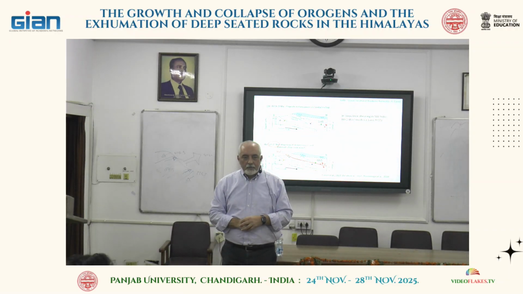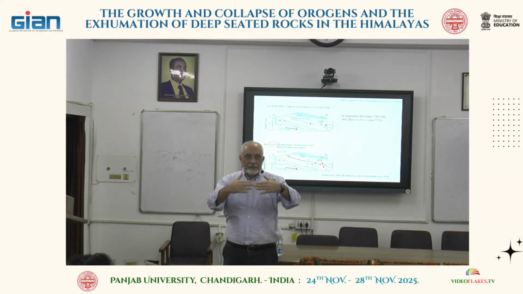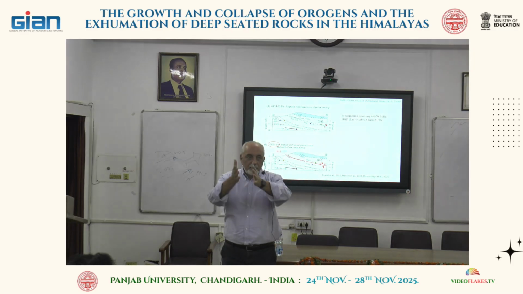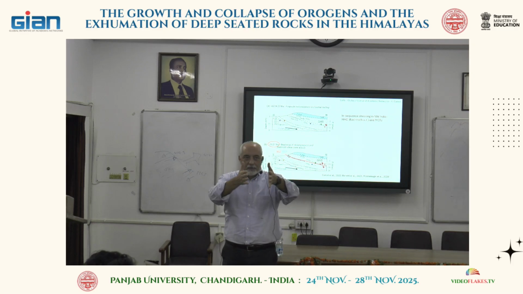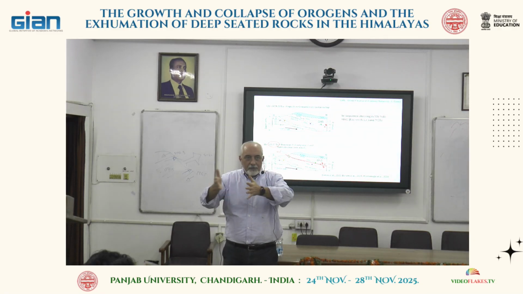And of course, the activity of the South Tibetan Detachment ended at more or less 11, 12 million years. Then the belt has been affected by rifting, maybe what you call Yadong or Kaligandaki Mustang. You have angle normal faults, more or less perpendicular to the belt, extending the belt. Several structures like this.